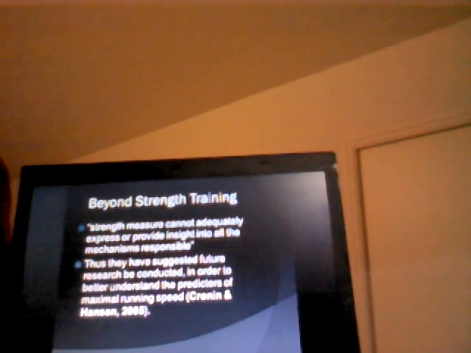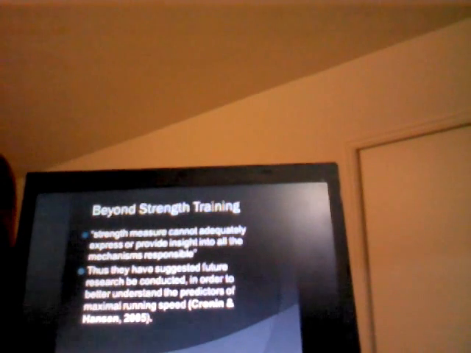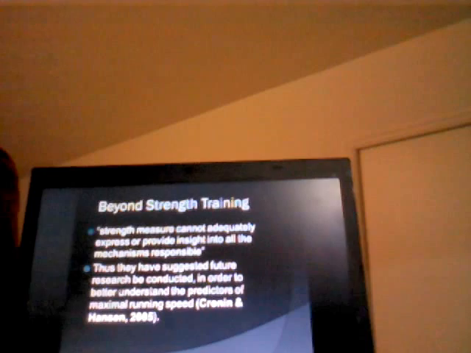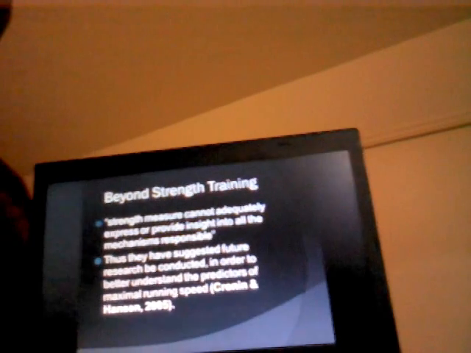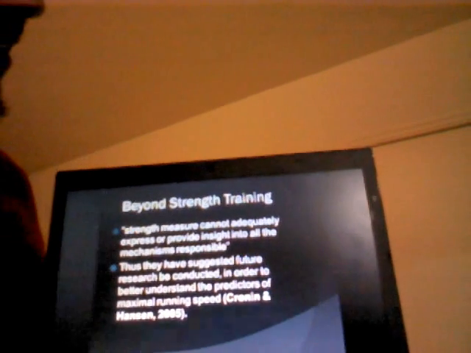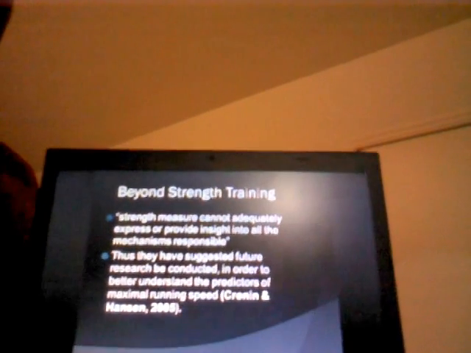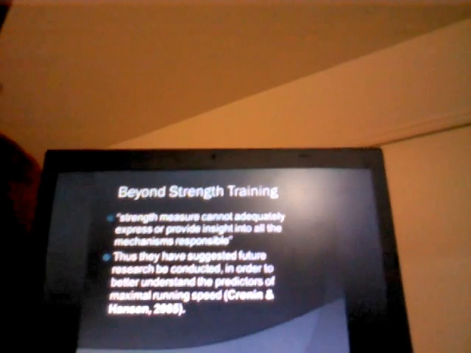And so what that should tell you is that a lot of programs or training methods should look beyond the strength scope. Of course, strength is still something that is beneficial for athletes, but when you're trying to optimize an athlete's potential for speed, you want to not limit them in any way.